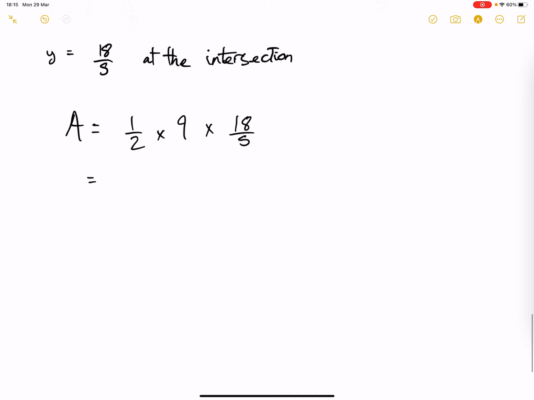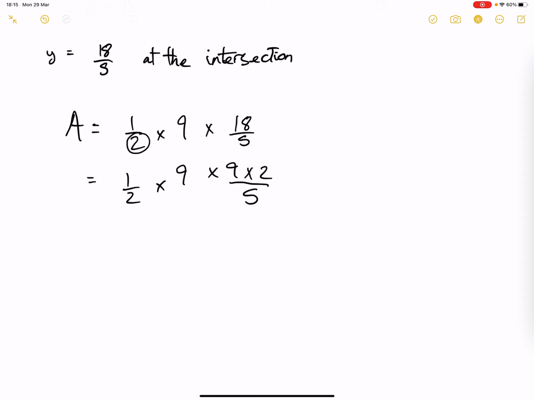that will be equal to 9 over 2 times 18 over 5. 9 times 18 can be split up as 9 times 9 times 2, which will cancel with the 2 here. So I'm going to rewrite this as half times 9 times 9 times 2 over 5.